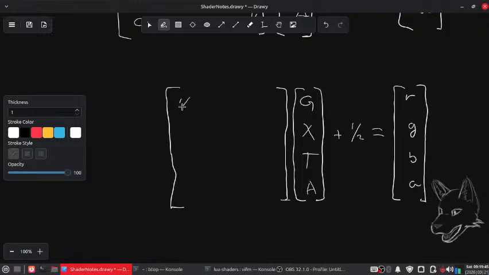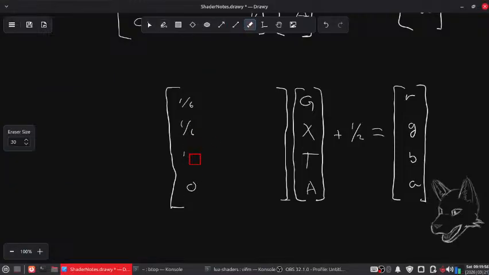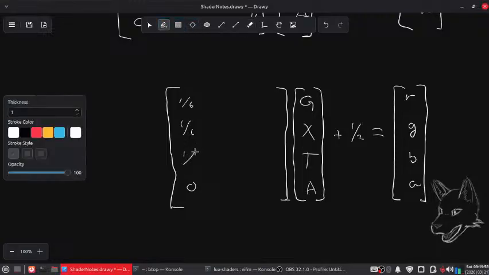So that's 1/6, 1/6, 1/6, 0. A sixth plus a sixth plus a sixth is a half. Plus a half is equal to 1. Because if this is minus 1, it's minus a sixth, minus a sixth, minus a sixth, which is minus a half. Plus a half is 0.